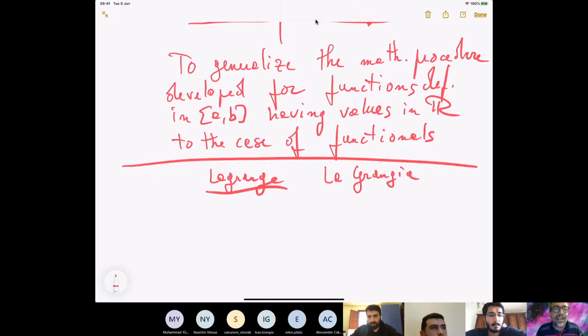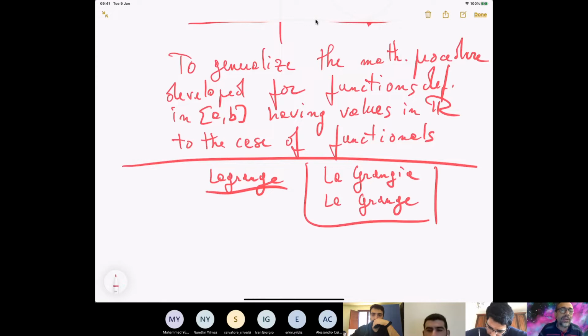But you know, Lagrange changed his name because it is more elegant to have a French name. And he was lucky because Lagrangia in Italian means the place where you are storing corn and hay for your horses in a farm. And exactly the same object in French is called Lagrange. So it was very easy for him to change the name from Italian to French.